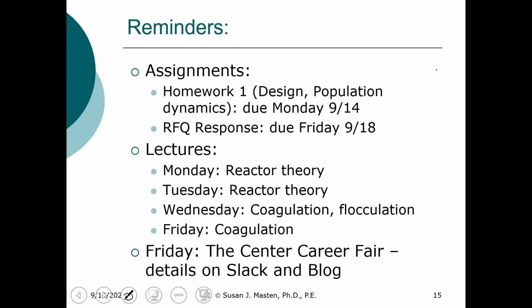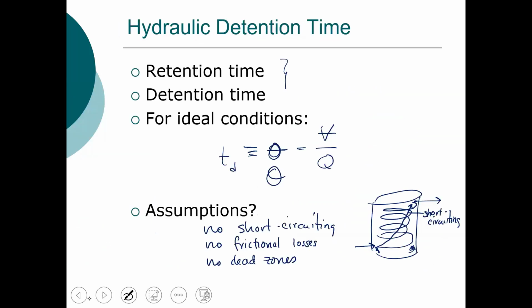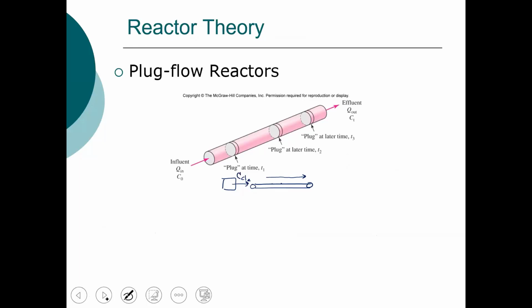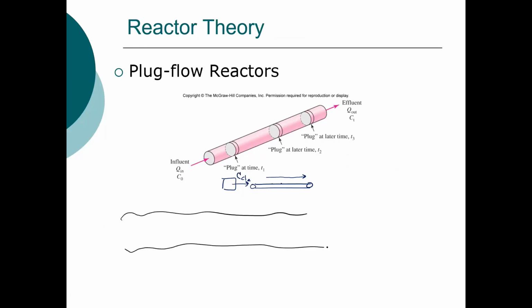So the question here was, of the following, which is the best model of flow and reactions in a river? Let's go back, and right here we've got a plug flow reactor. So thinking about a river, here's my river.